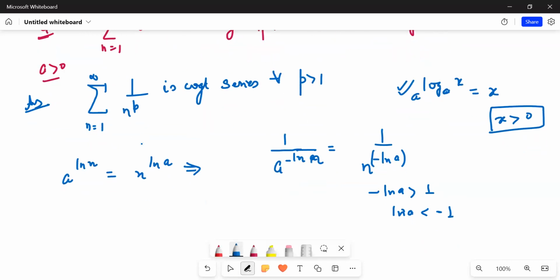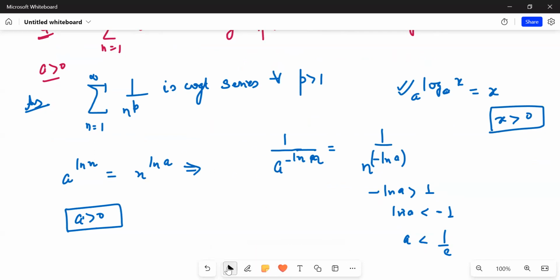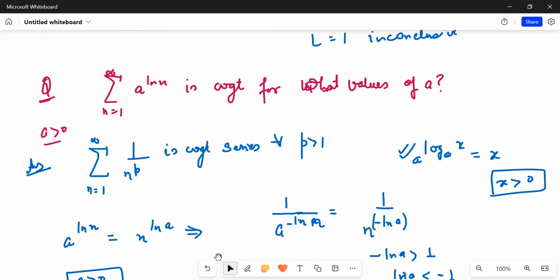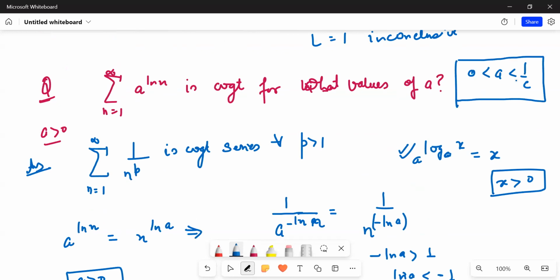And since a is greater than 0, that is fine. It implies a should be strictly less than 1 upon e. It implies that this series given to us, a raised to power ln n, is convergent for all a less than 1 upon e and greater than 0. These are the values of a for which this series is convergent.